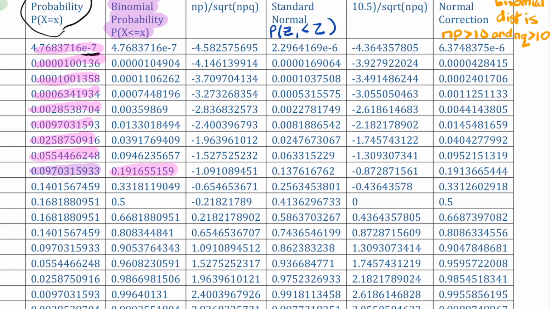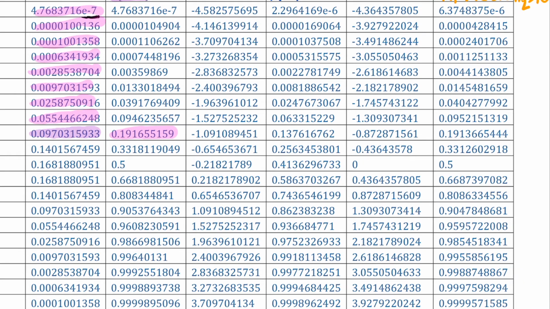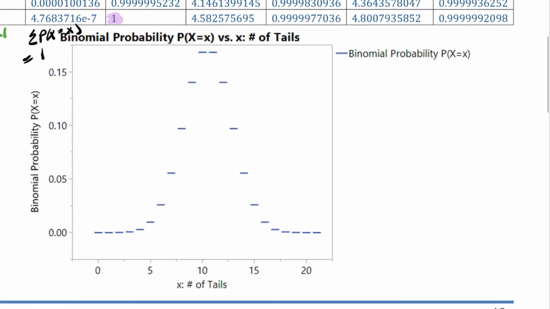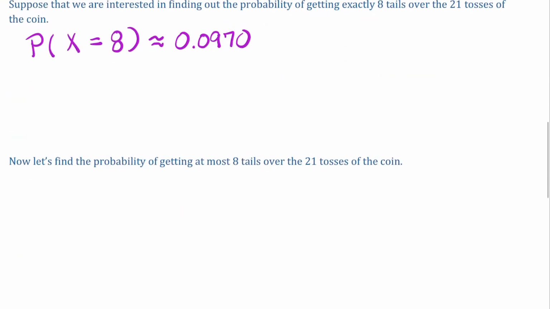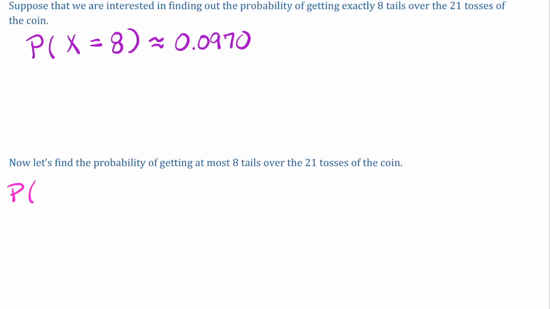Instead of saying the probability X is 0 plus the probability X is 1 plus ... up to the probability X is 8, this way we have it all set up. Groovy? All right, so let's do it. The probability that we get at most 8 tails is equivalent to the probability that X is less than or equal to 8. And again, we're using the actual binomial distribution for these.